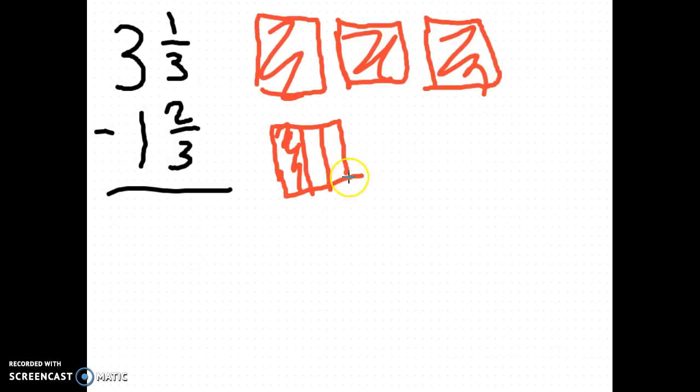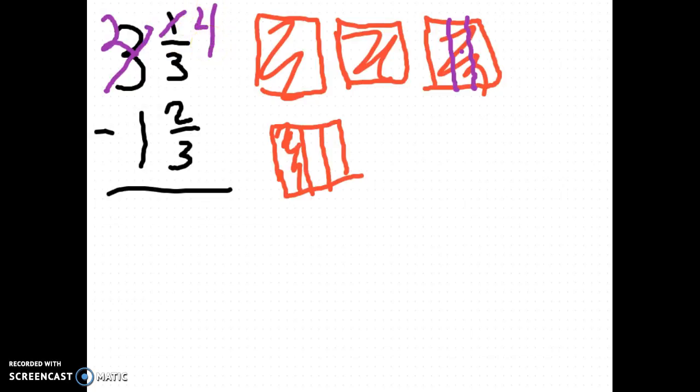Well, if we start with our fraction, we only have 1/3 that we can take away, and we need to take away 2/3. So what we do is we go to our next whole number, and we divide it into thirds as well. So now instead of 3 whole, we have 2 whole, and then we have 1, 2, 3, 4 thirds.